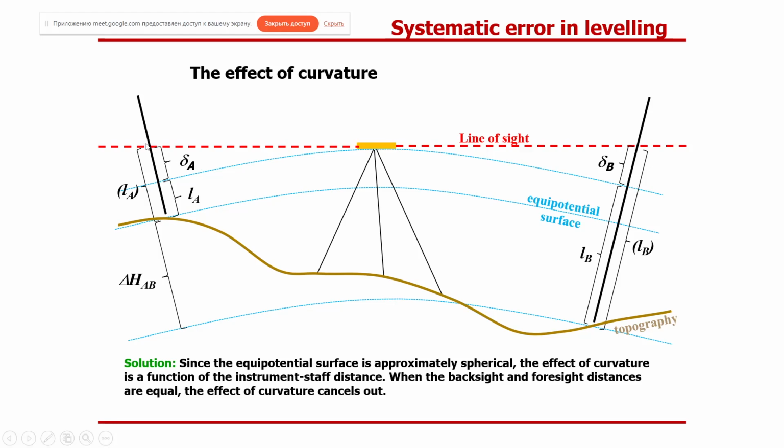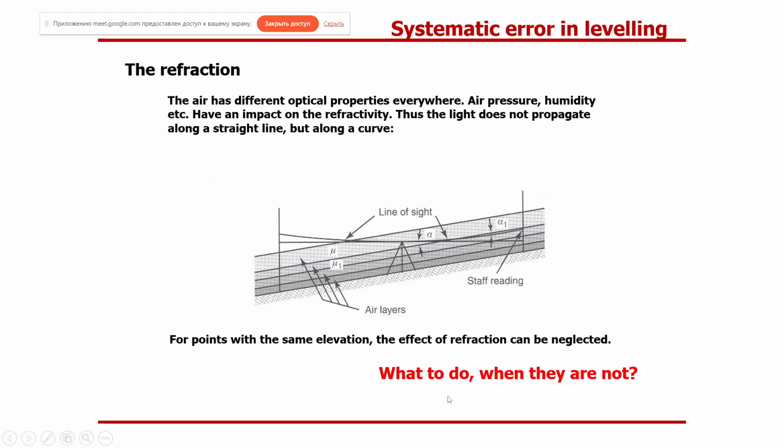We should make the shoulders of the measurement equal. In this case, the effect of Earth's curvature cancels out.